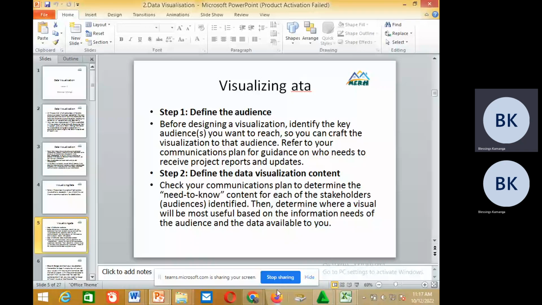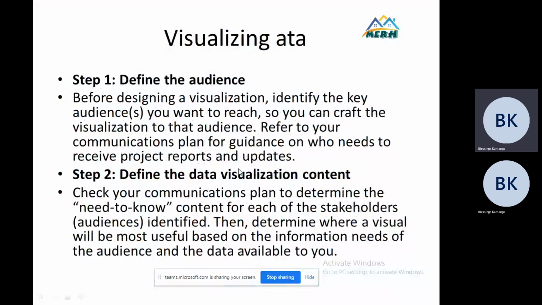So you also have to define the data visualization content, or what content you are able to give these people. Check the communication plan to determine the need-to-know content. For instance, in the project, you had particular indicators and particular targets. These are the types of information that you're looking for when you're visualizing the data as well.